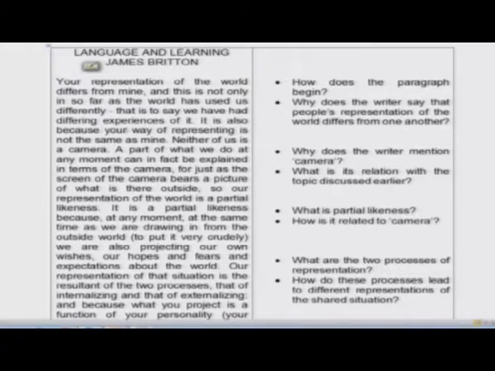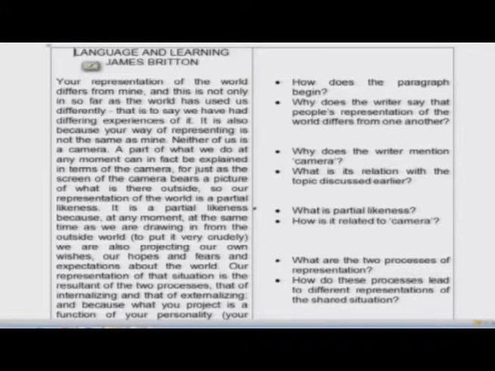It is also because your way of representing is not the same as mine. Neither of us is a camera. A part of what we do at any moment can in fact be explained in terms of the camera. For just as the screen of the camera bears a picture of what is there outside, so our representation of the world is a partial likeness.